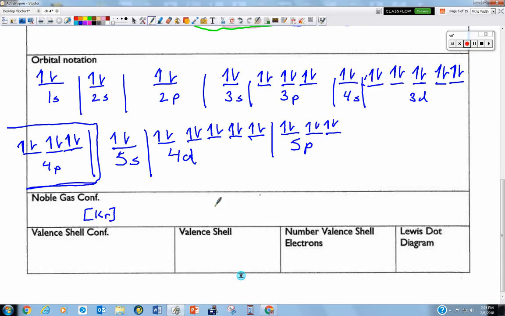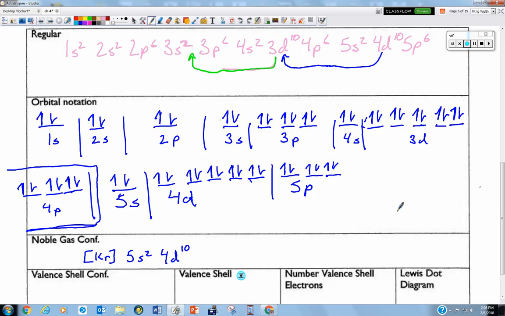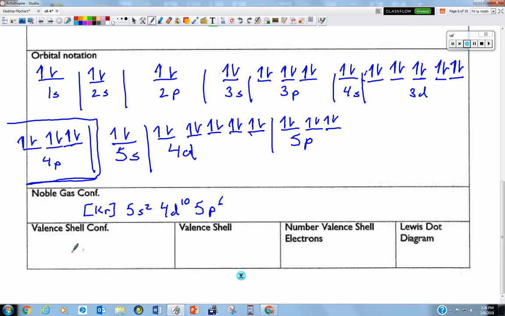So this is all the new stuff, so it's going to be 5s2, 4d10, 5p6.